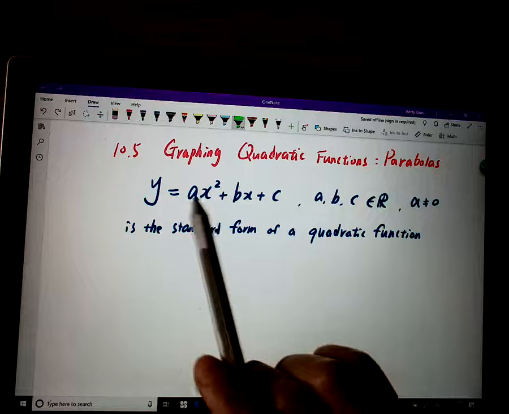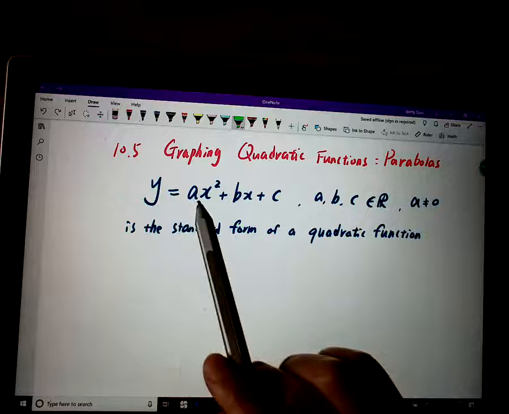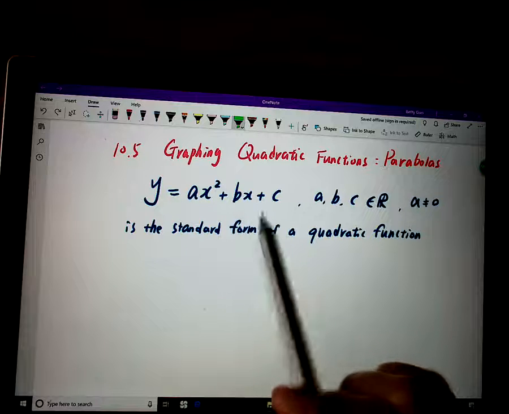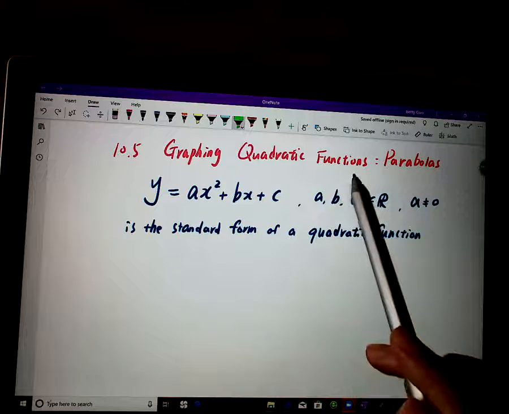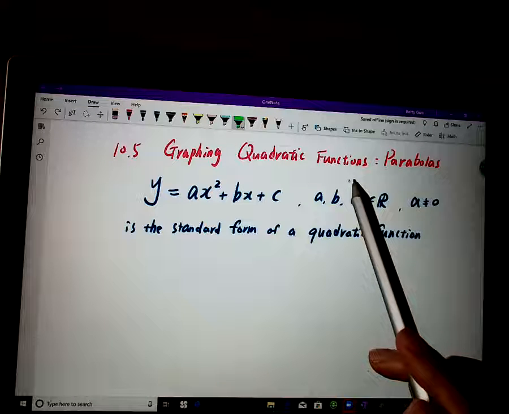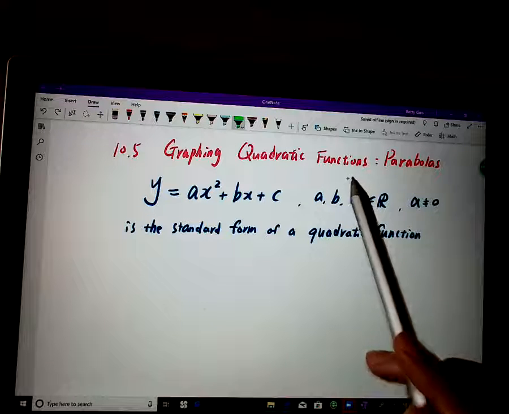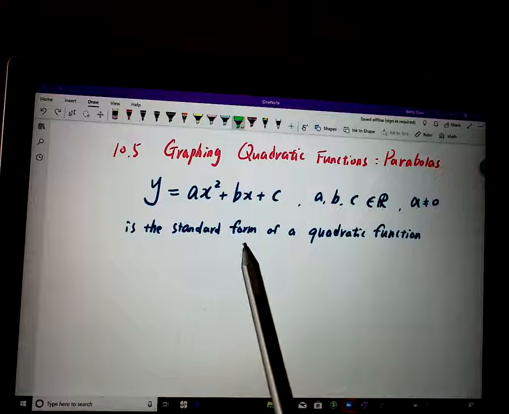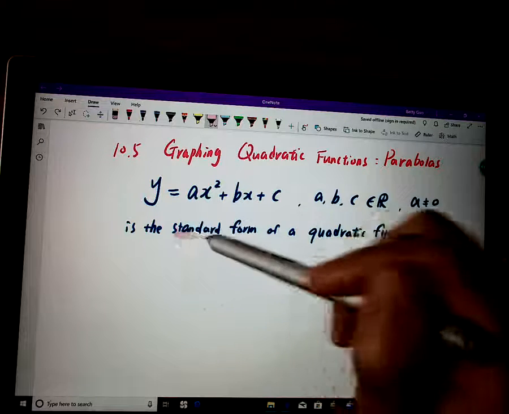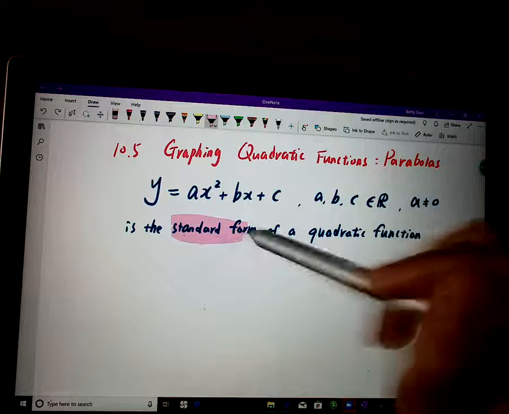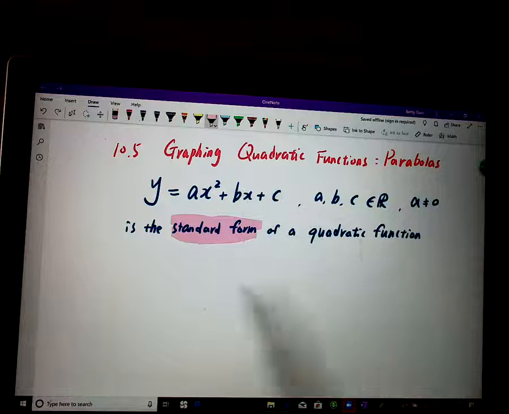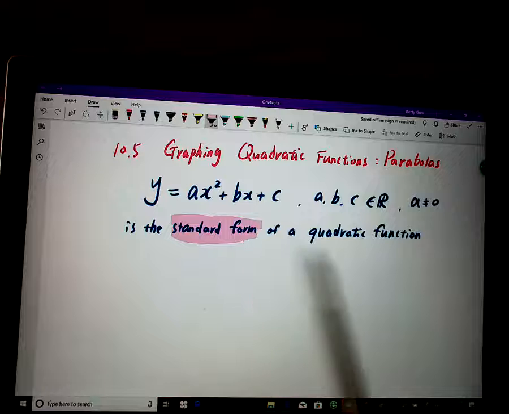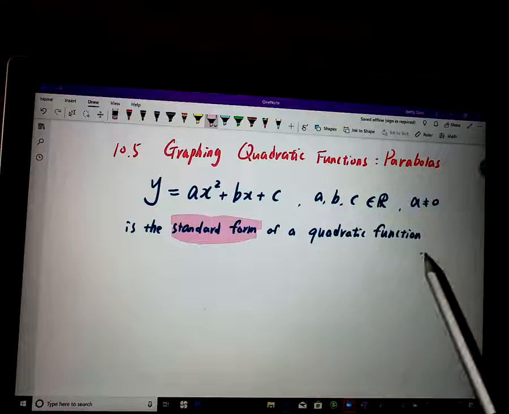Any function which can be written in the form y equals ax squared plus bx plus c is a quadratic function. That's the definition. Also, from the definition, you can see this equation is the standard form. Very important because we're going to have another form later.